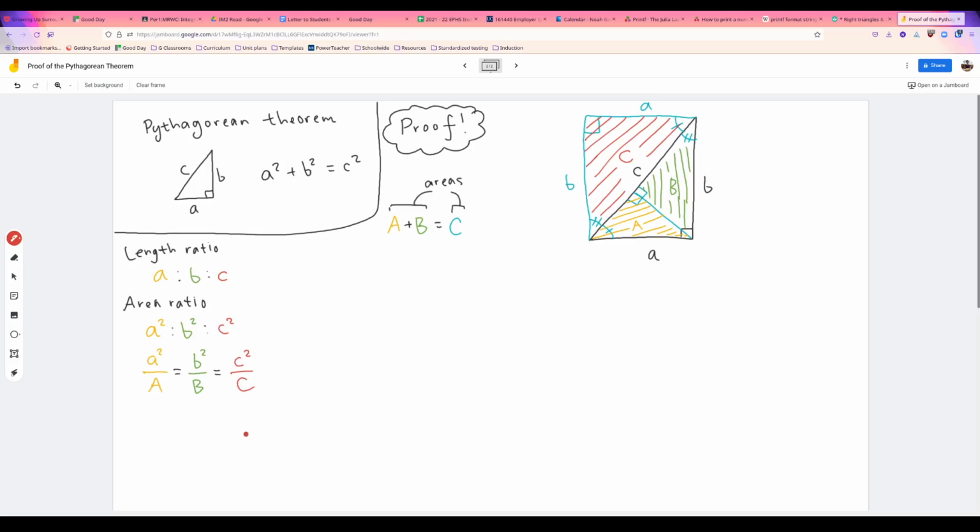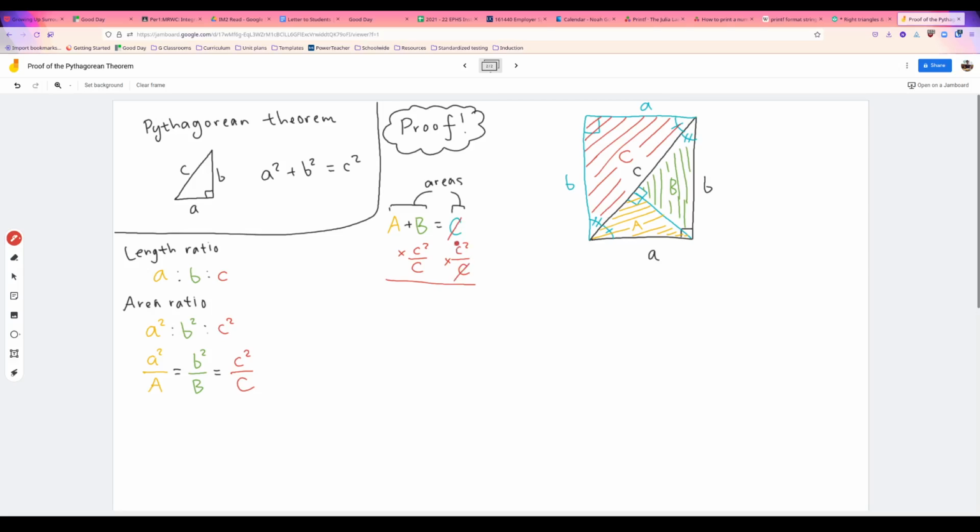Cool. So let's use this relationship as we manipulate this area equation. So we're going to combine our knowledge here. On both sides, we're going to multiply by c squared over capital C. Okay, so we end up with, first things first, what happens over here?